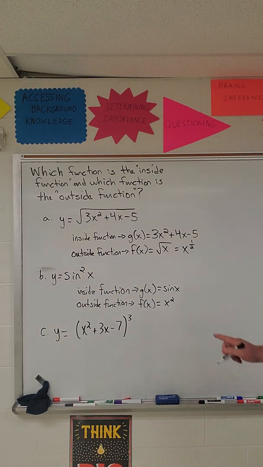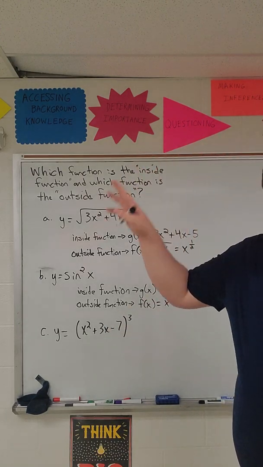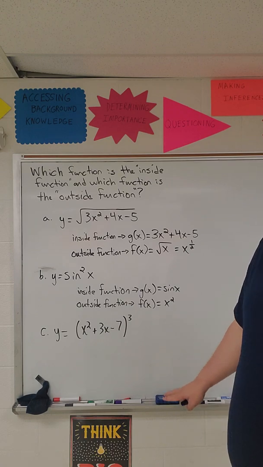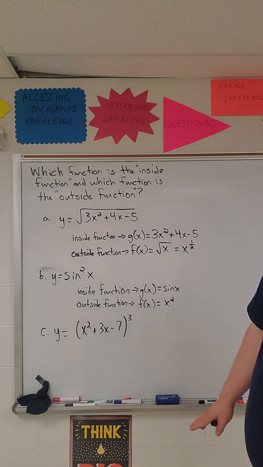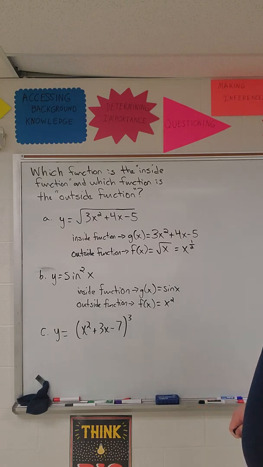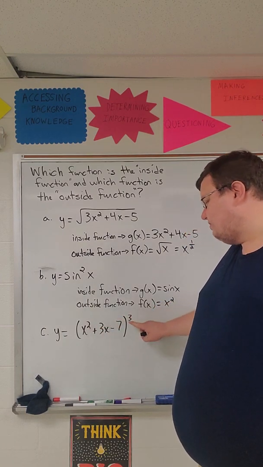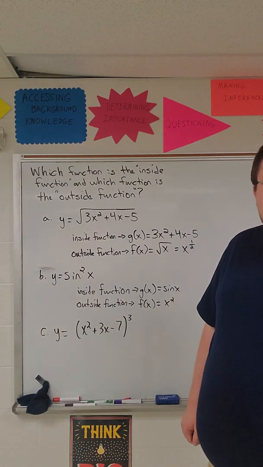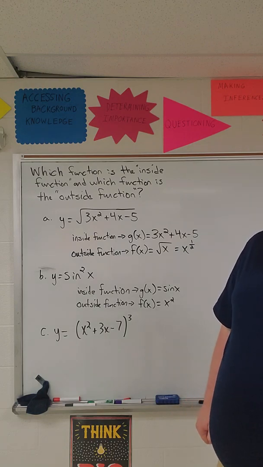I don't know about you, but I do not want to have to go in there and actually write that out 3 times, do all the distributing and all this algebra to get down to a big old long polynomial, okay, that's going to be of the 6th degree. I can tell you that because if we got a squared function inside of a cube function, if I do x squared to the 3rd power, I'm going to get an x to the 6th. So it's going to be a 6th degree polynomial.